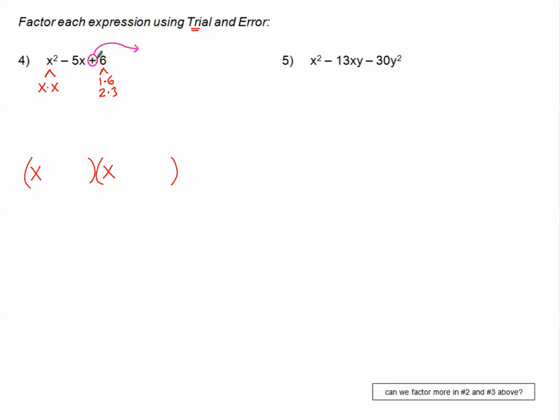If you have a positive 6 and you're going to be multiplying two numbers together to get positive 6, I hope you understand that the numbers have to have the same signs. A positive 2 times a positive 3 results in positive 6. A negative 2 times a negative 3 results also in positive 6. So if this is a plus sign in your trinomial, both factors have the same sign.